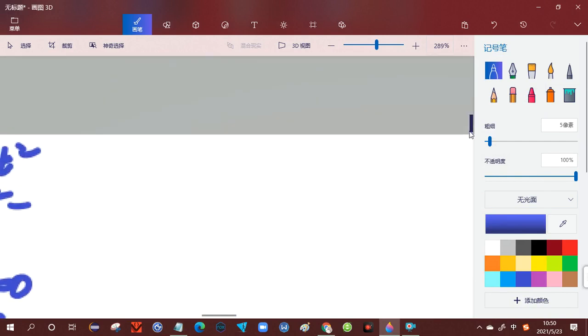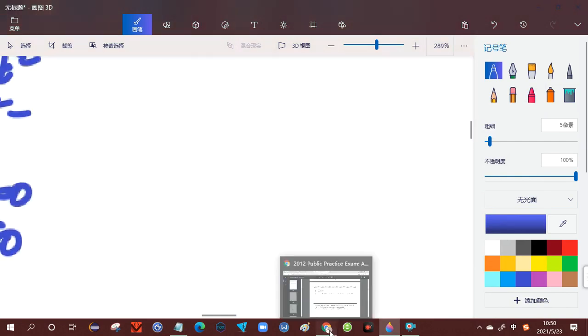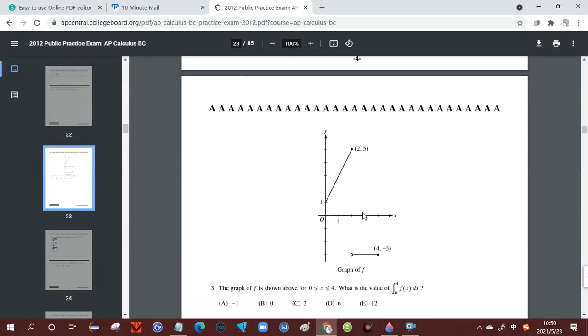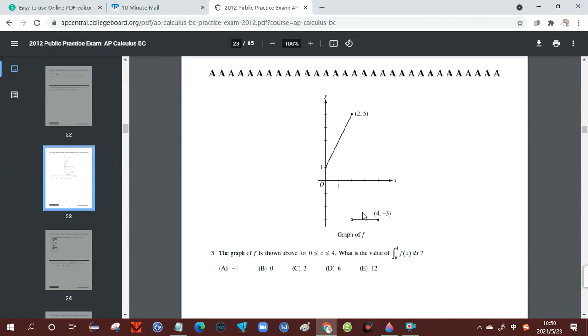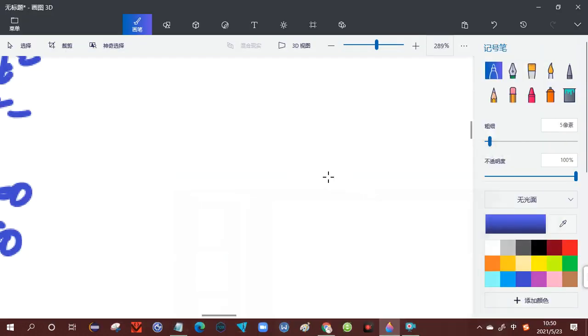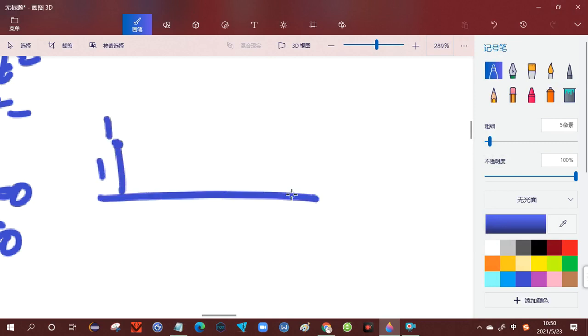Now let's look at problem 3. The graph of f is shown above. What is the value of this? This is generally another simple problem. Let's draw the graph first.